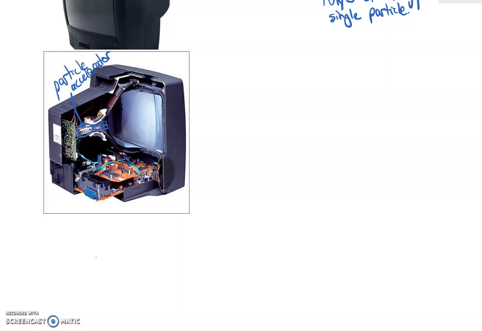We've got the particle accelerator, and then you have a plate on the top and on the bottom, and a plate on the far side and on the closest side to us. Those plates are going to become charged, and the charge on those plates is going to change very, very rapidly. As that changes, it's going to send one particle bending off to this side, another particle bending to the next one below it, another to the next one below it.